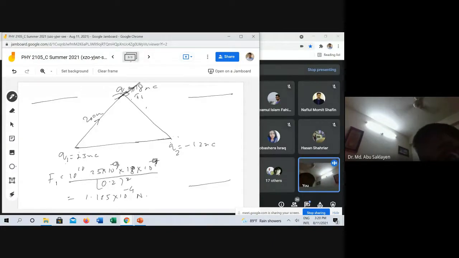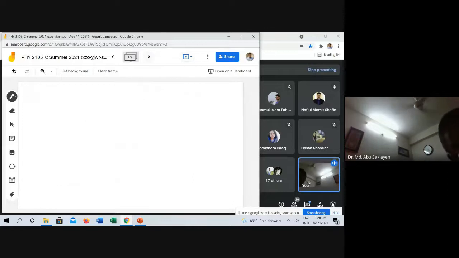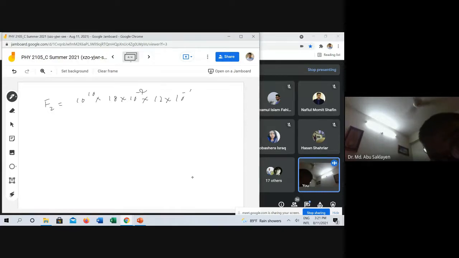And similarly you can find force F2 equal to 10 to the power 10 into 18 into 10 to the power minus 9 into 12 into 10 to the power minus 9 divided by the same 0.2 whole square. Tell me what will be the magnitude?